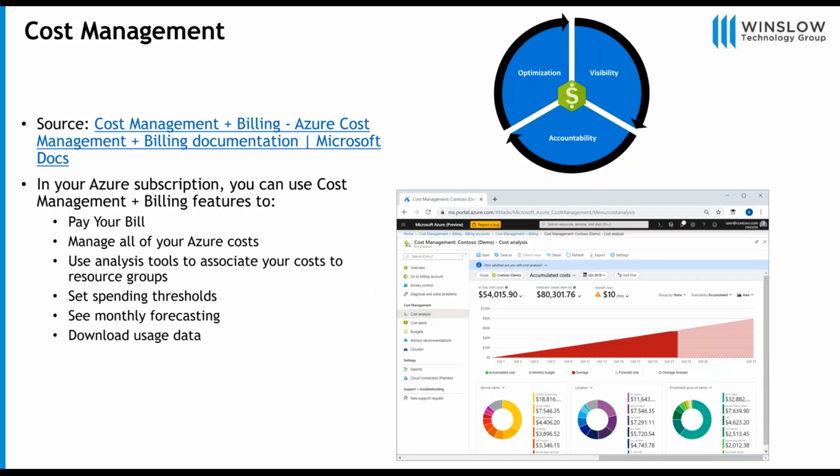You can even set spending thresholds and look at what the forecast is going to be for the month, so you know what to expect if you keep at that same pace. And then you can export that data out, whether you're presenting that to other team members, executives, or however you're giving more information on the cost of the resources themselves.